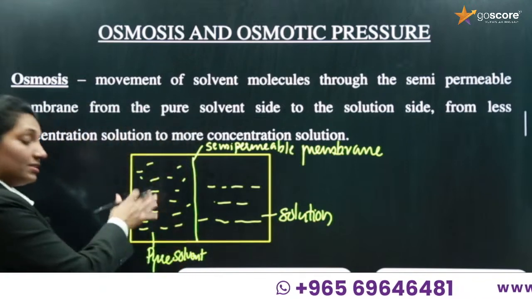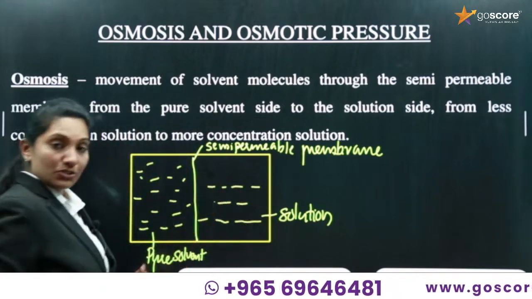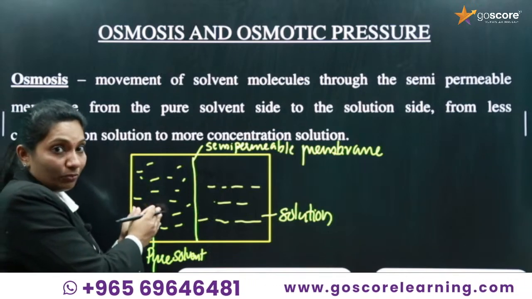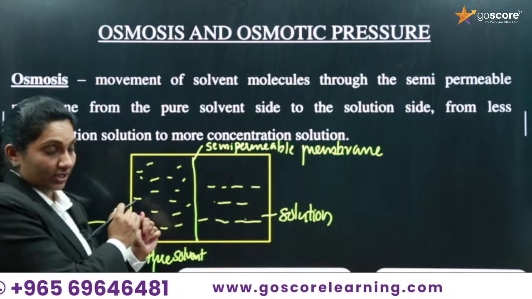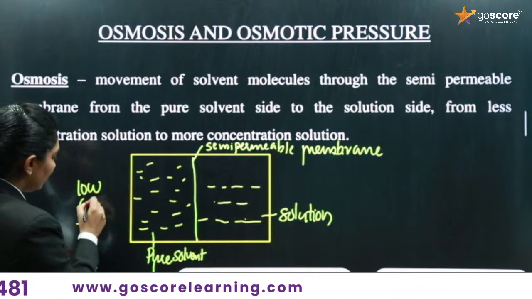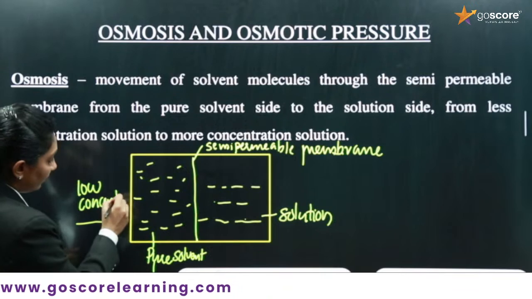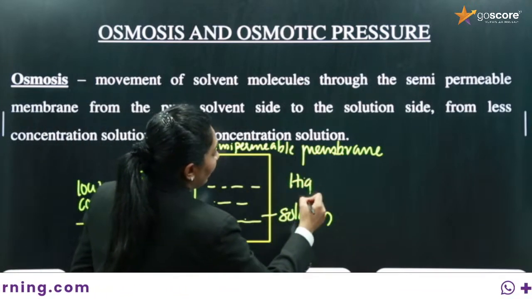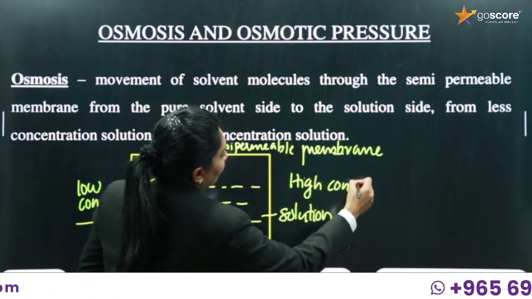So here this is the pure solvent, this is the solution. So here the solvent content will be more compared to this solution, right? So what we can say, this is a low concentration. Here it is a low concentration and this side solution it is high concentration, right?